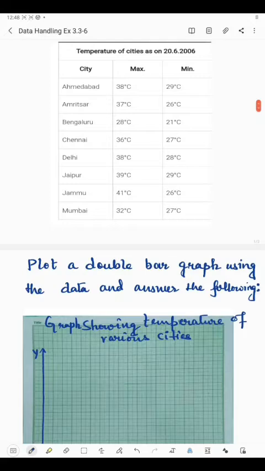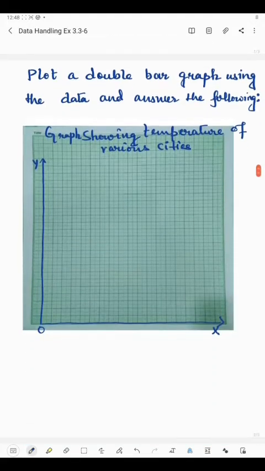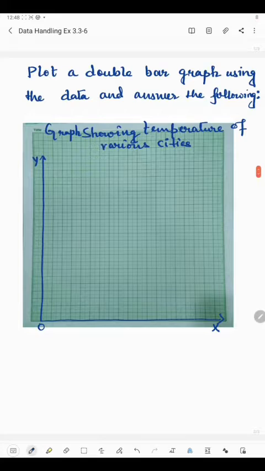So here we have cities and the temperature. So on the horizontal axis we'll be measuring city and on the vertical axis we'll be measuring temperature in degrees Celsius.